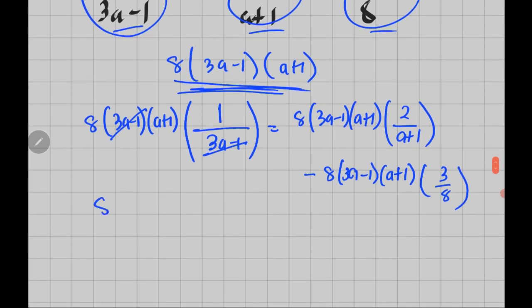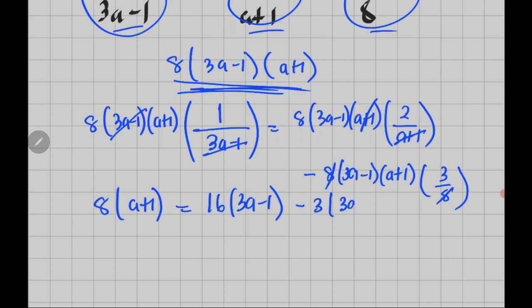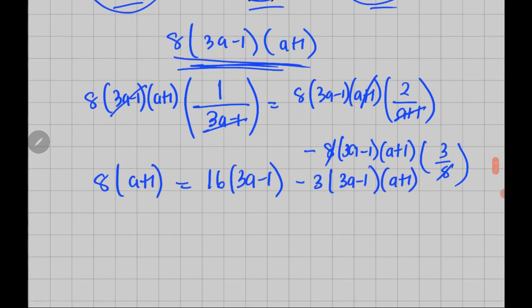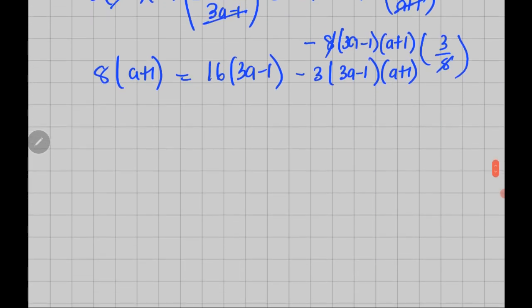So you are left with 8 times a plus 1 is equal to, this one cancels this one, and you say 2 times 8, we get 16 times 3a minus 1. Then 8 and this cancel each other, so we get minus 1 times 3 is minus 3, times 3a minus 1 times a plus 1. Right? So 8 times a is 8a plus 8 times 1 is 8.